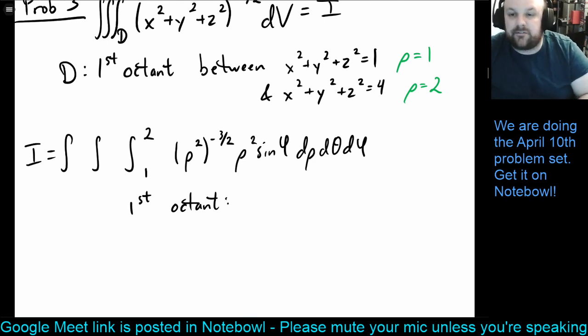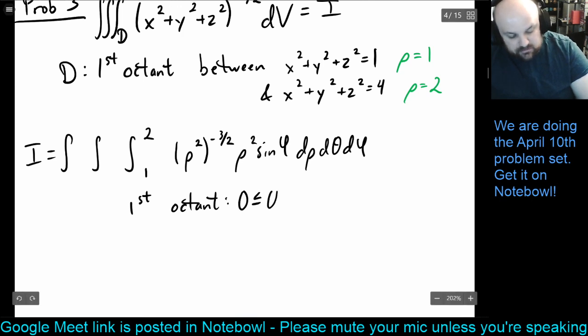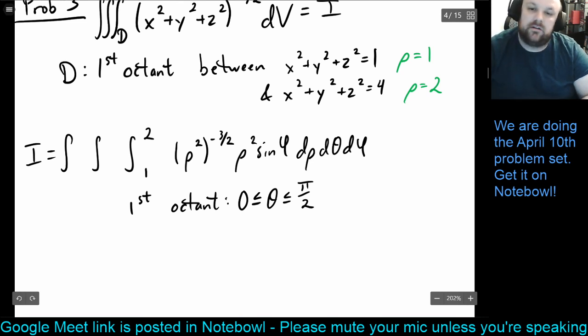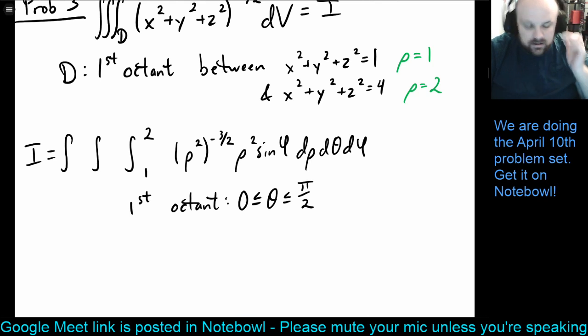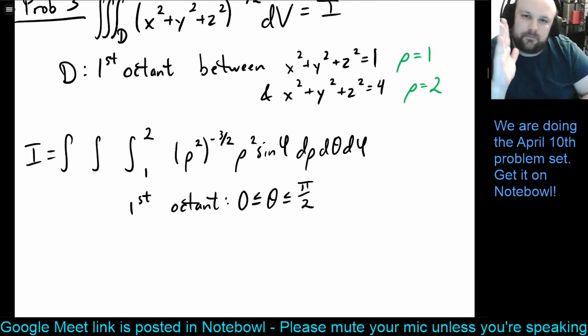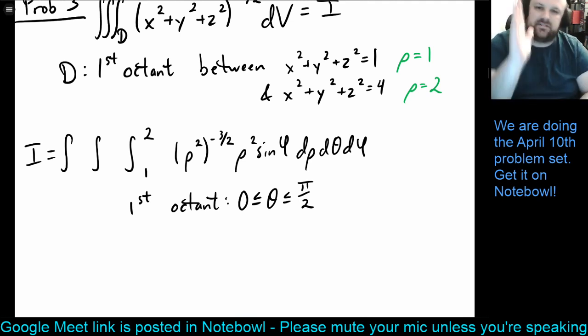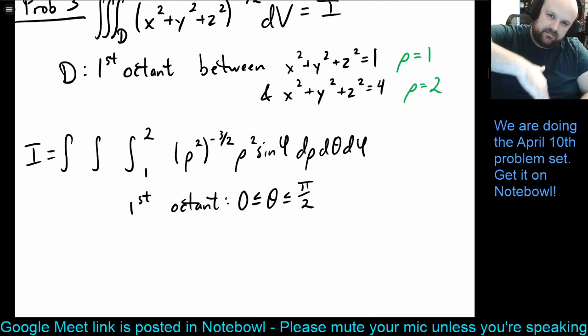To stay in the first quadrant, theta has to measure from 0 to pi over 2. So we stay in that first quadrant there. And phi, remember how phi works. Phi starts all the way at the top and measures downward. So it starts up here at 0, and then it falls.